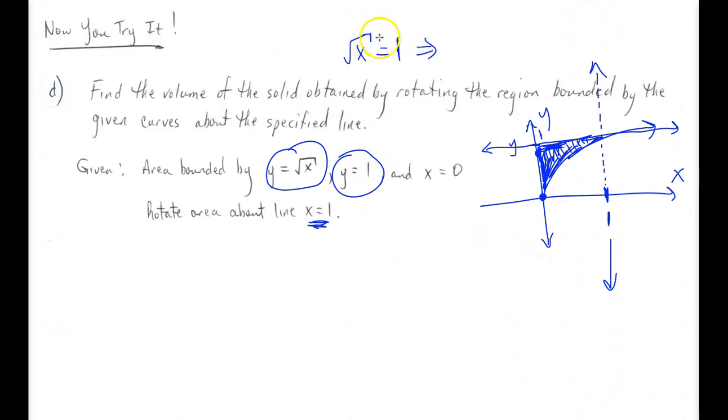And of course, by squaring both sides here, I would just get x is equal to 1. So right where you see here, this is going to be the intersection point, and it just so happens to be a point where this x coordinate is the same as the line that goes through it. So now that we have that, we know that this is the axis of rotation.